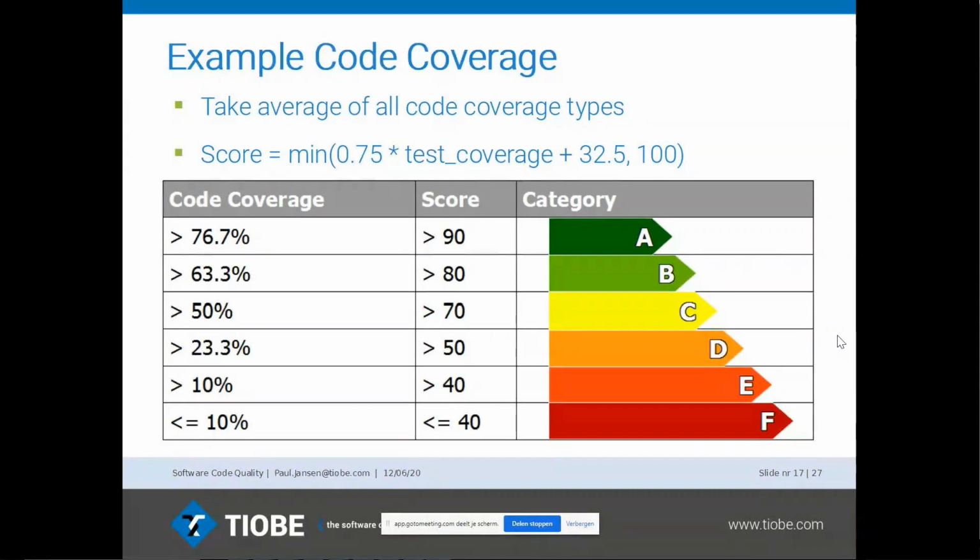So this is to promote that if you run, even if you have 0% test coverage, you get 32.5% in our system for free. But if you don't run it at all, you get 0%, of course. You are still level F, but at least it's an incentive to say, let's start with it because we already get some qualification.